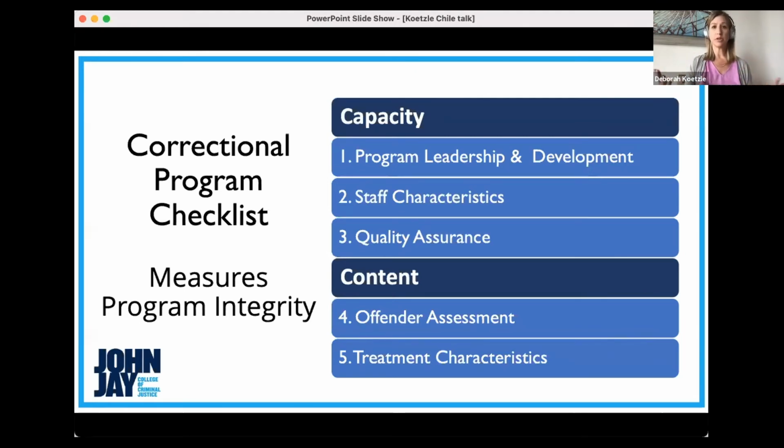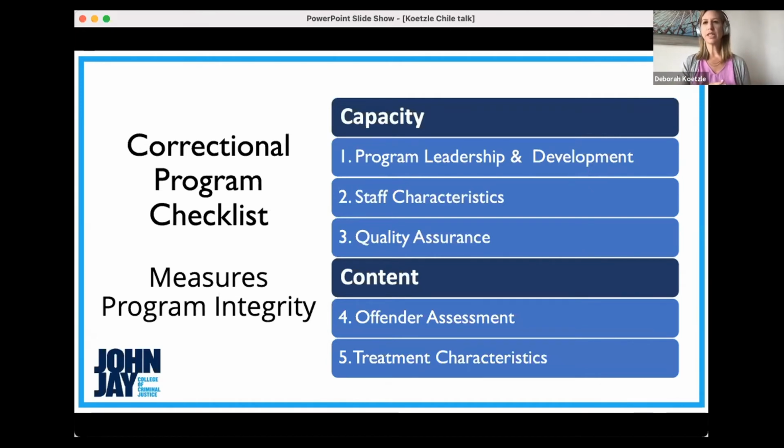They should be observing groups and providing feedback to staff. They should be providing supervision to staff and training. They should be monitoring assessments and case plans, making sure that all those are done with fidelity. It's also important, of course, that the program is designed with integrity and in alignment with the research.